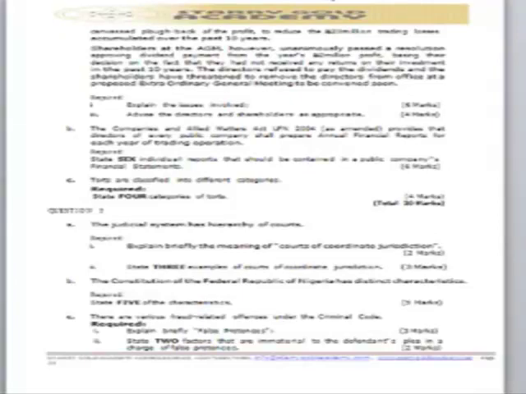So let's go to another question. There are various fraud-related offenses under the Criminal Code. Required: explain briefly false pretense. Then secondly, state 2 factors that are immaterial to the defendant's plea in a charge of false pretense.